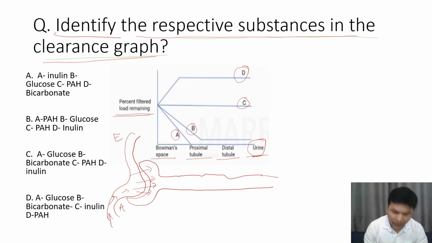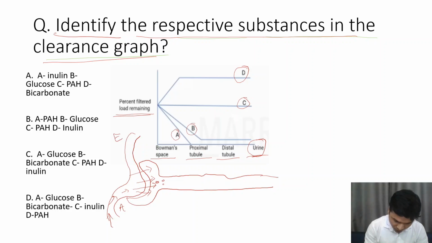Obviously, smaller substances, freely filterable substances, can filter and will reach this space. Cells like RBC and WBC cannot filter, and protein cannot filter, but other things can filter easily, like glucose, amino acids, inulin, PAH, bicarbonate, and so many other things.